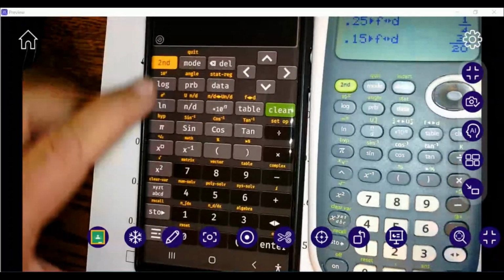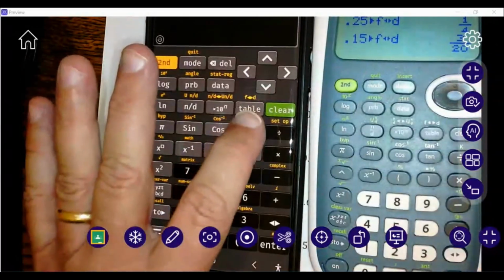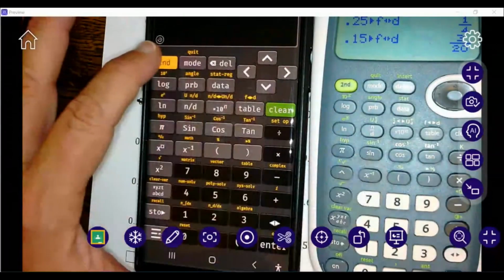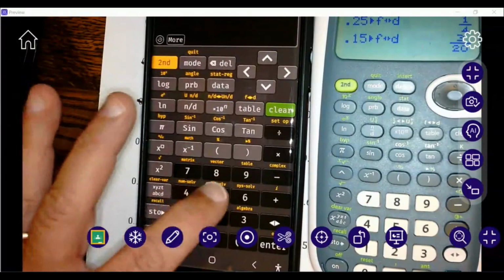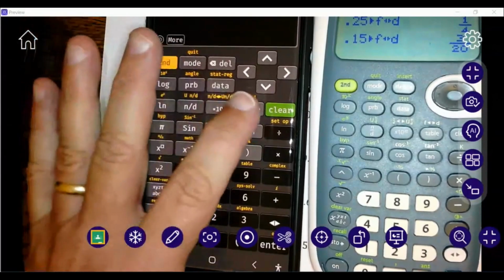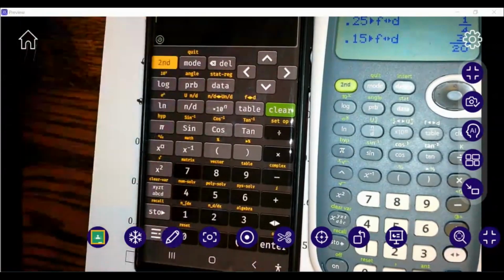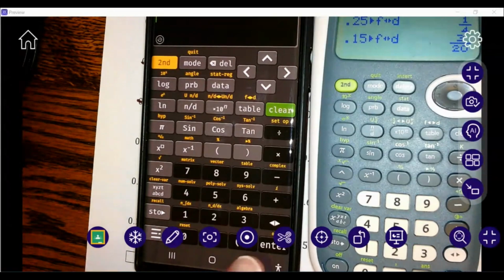So see on the app, there's that F arrow D key above the table key. Instead of it being in green, this time it's in orange. So I would punch in like 0.15 second table and hit enter, and it gives me the answer there as 3/20.